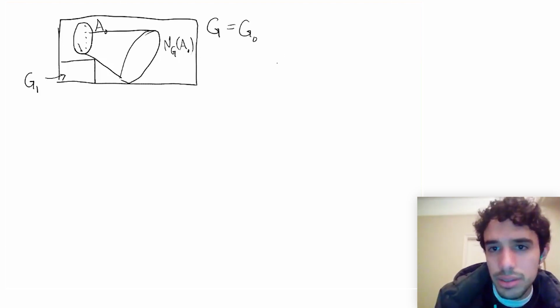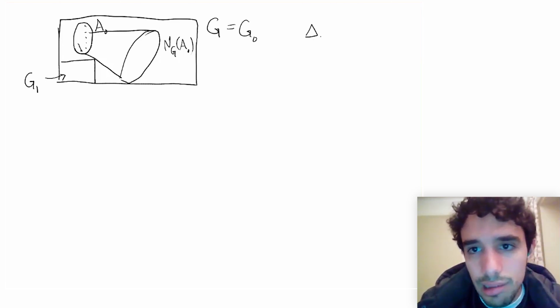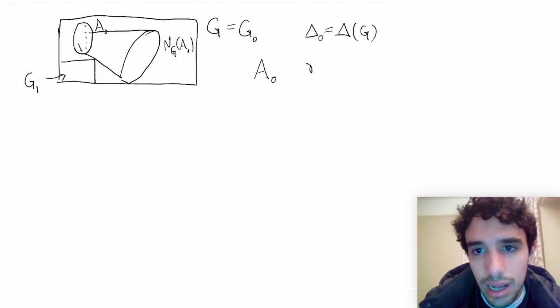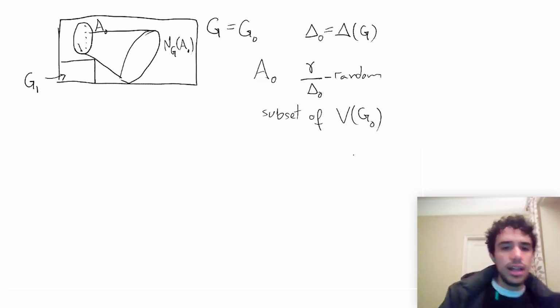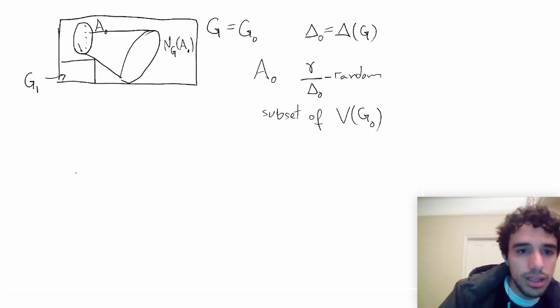So the way we choose A0 is very simple. Let delta 0 just be delta of G, and A0 will just be a gamma over delta 0 random subset of V of G. This just means I'm including every vertex independently with probability gamma over delta 0.